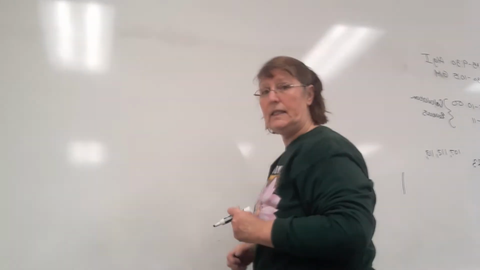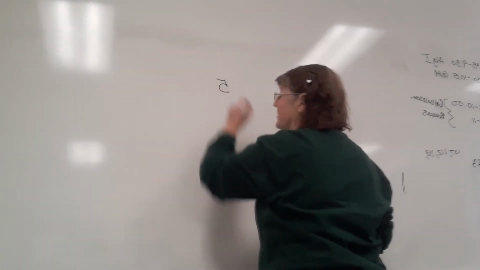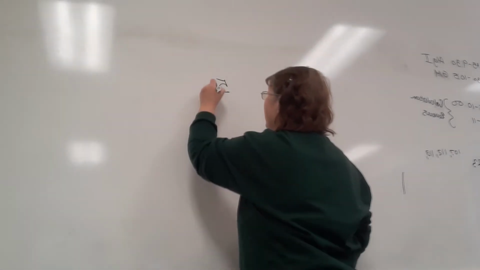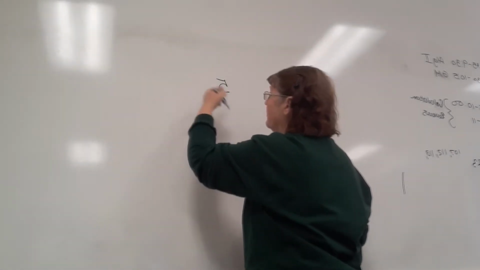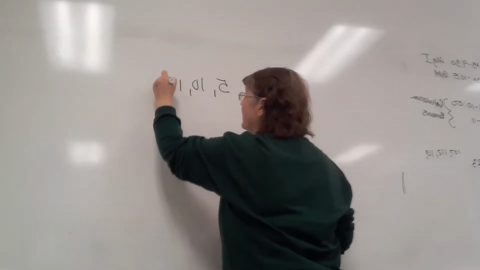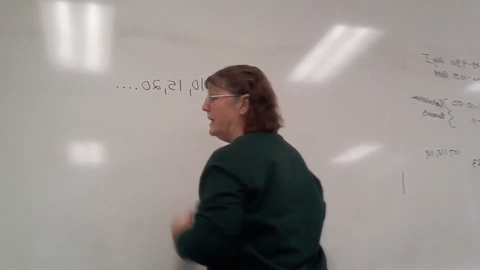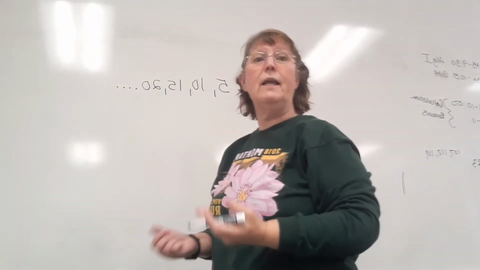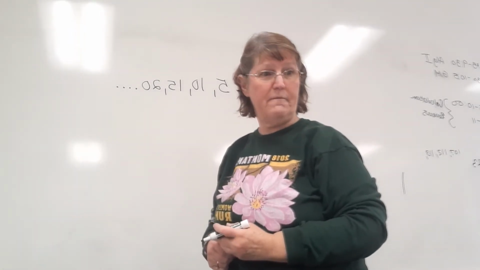So if I was listing the multiples of 5, I would write down 5, because 5 is a multiple of 5, and then keep adding 5s all the time. Now notice there is no end because it goes on forever since we're getting bigger, because there's an infinite number of multiples of 5.